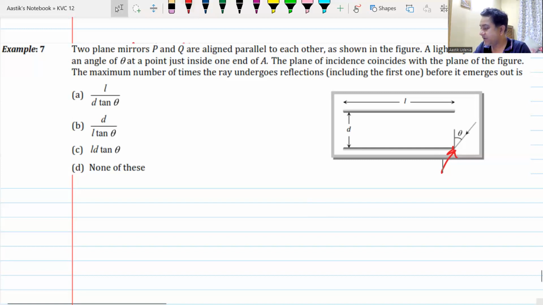Remember, the name of this chapter is Geometrical Optics, so it's all about geometry that we see in this chapter. If you're good in geometry, you should be able to solve the question. Let's see who gives me the answer for this one.